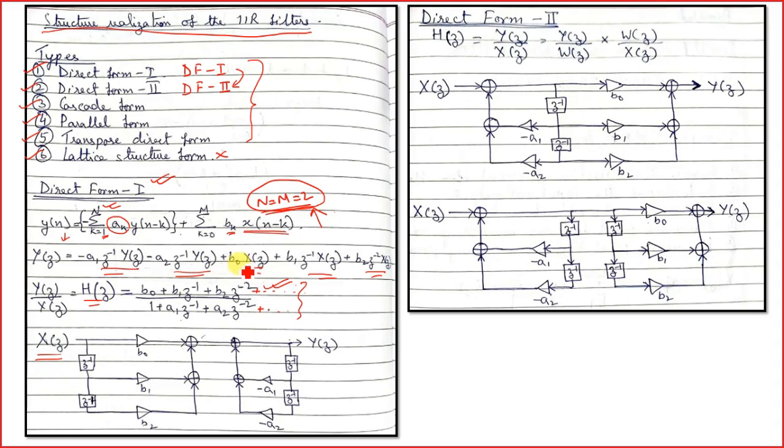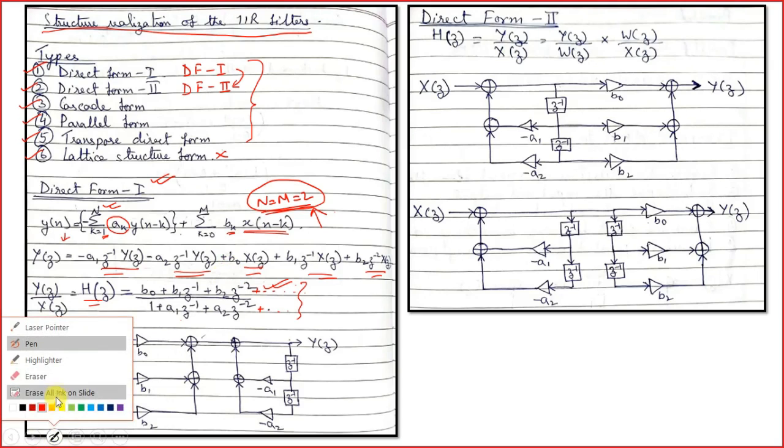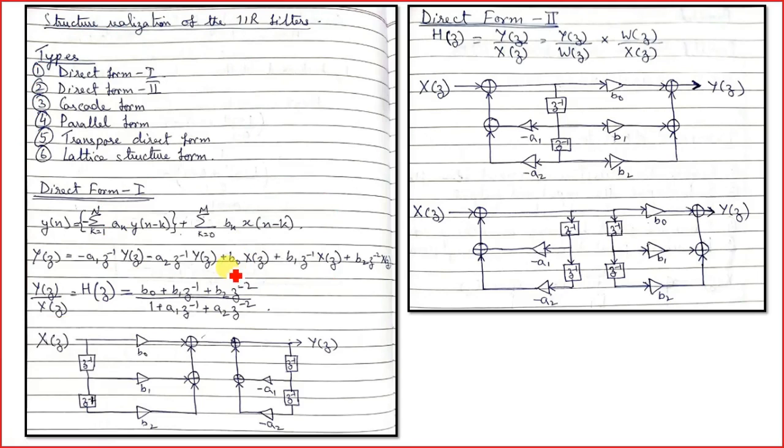So then we will see that the input terminals over here in this equation are associated with b0, b1 and b2. Okay. So in the first term, b0 is getting multiplied with the input directly. So over here we will draw b0, it is getting multiplied with X(z), and then it is going to an adder.